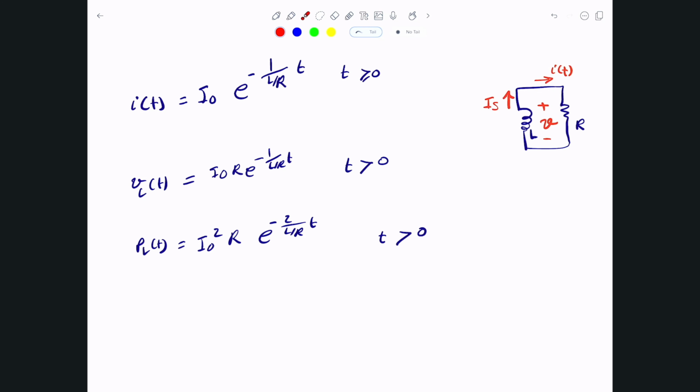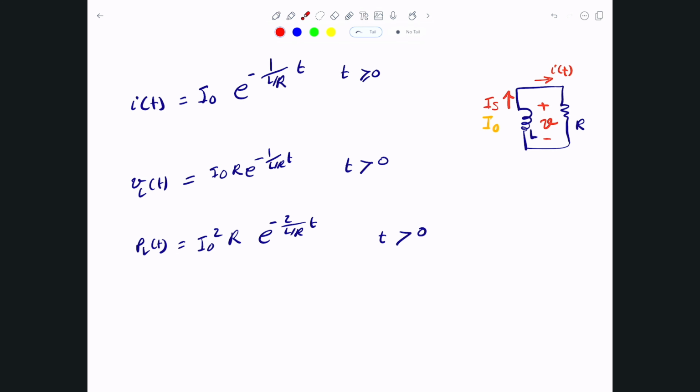So in summary, we have an RL circuit that has a single inductor and a single resistor, and the inductor contains some initial energy stored in it, and of course that initial energy stored will appear as an initial current in it. We called it IS, or maybe I can also call it I0, basically the initial current.